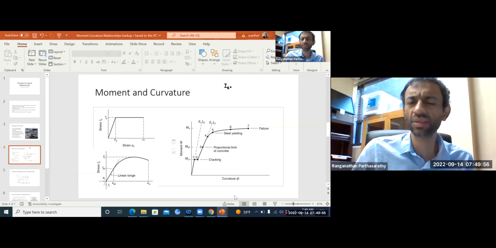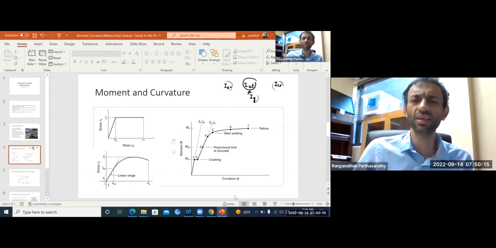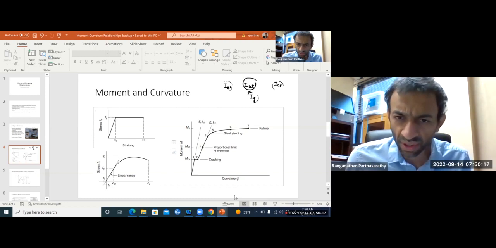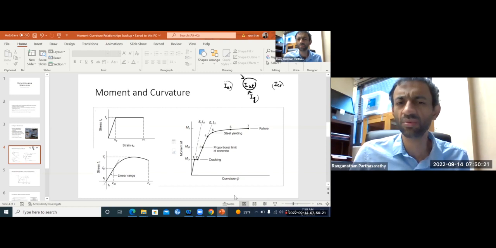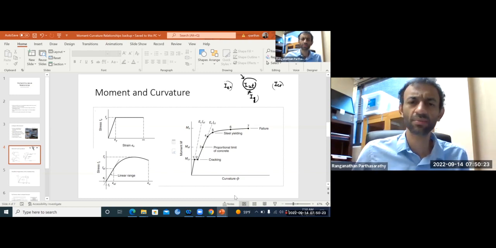It's some kind of interpolation between the uncracked transformed section and the cracked section. The code allows you to approximate the uncracked one as the gross moment of inertia. So between IG and ICR, you have some interpolation to give you IE, right? But up to this point, everything is still I uncracked transformed. Up to point 1, everything is a straight line.